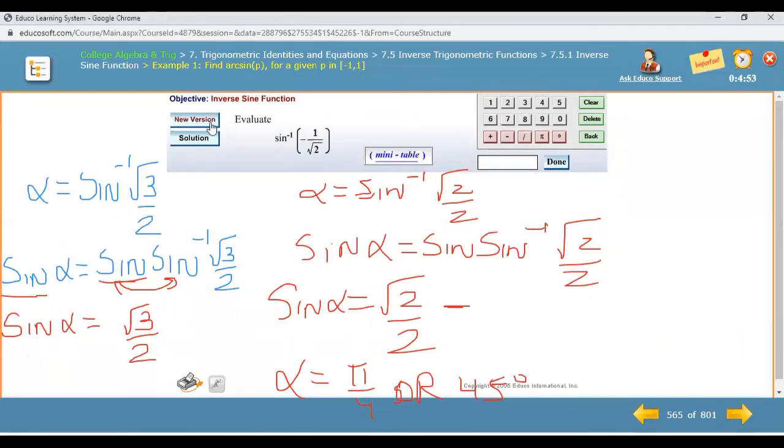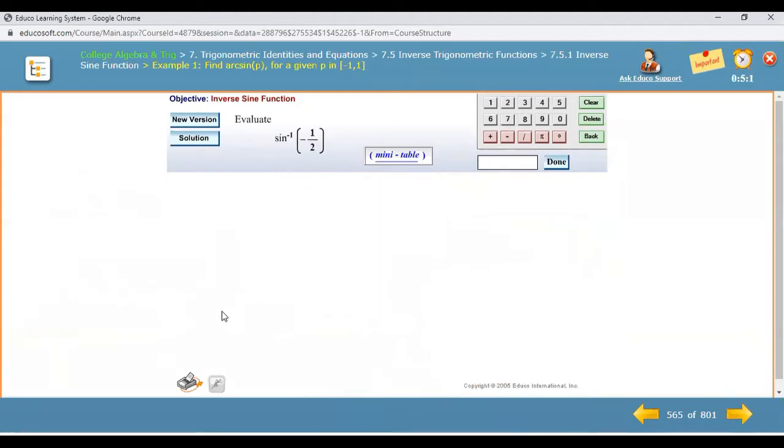All right, let me pull up a negative angle. Let's work on this. Now in this case, in the same way, I'll write alpha equals sine inverse negative 1 over 2.